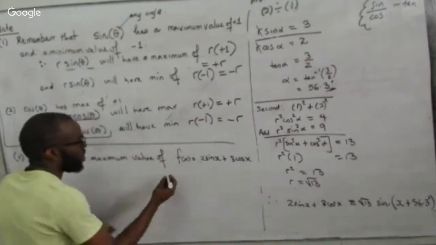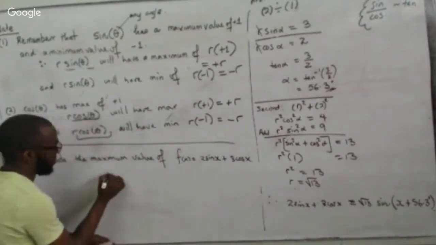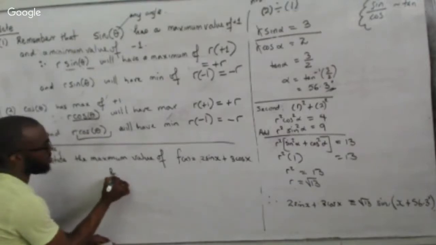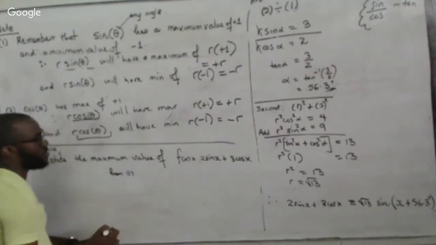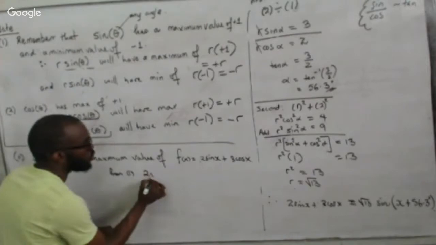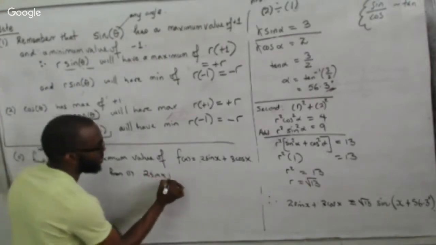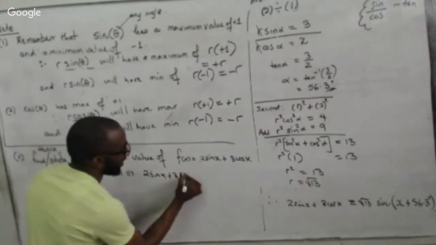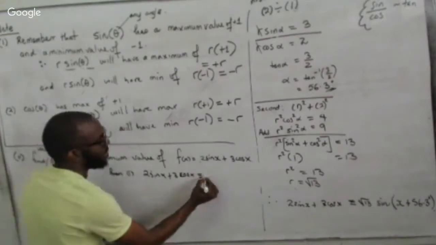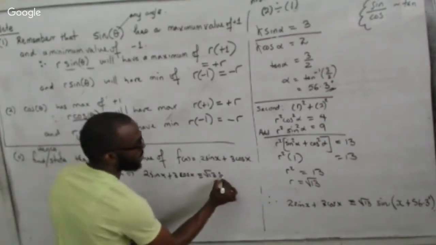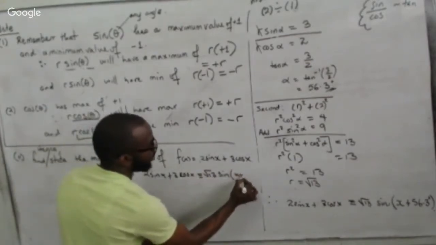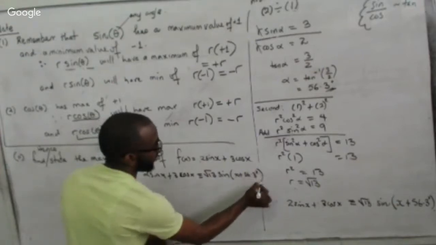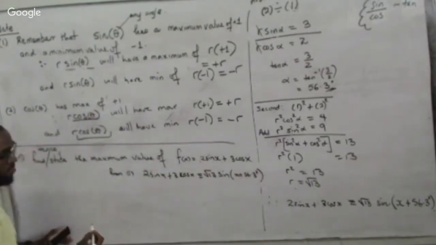So from part 1, what I just did is that 2 sine x plus 3 cosine x is identical to root of 13 sine of x plus 56.3 degrees. That's guaranteed.